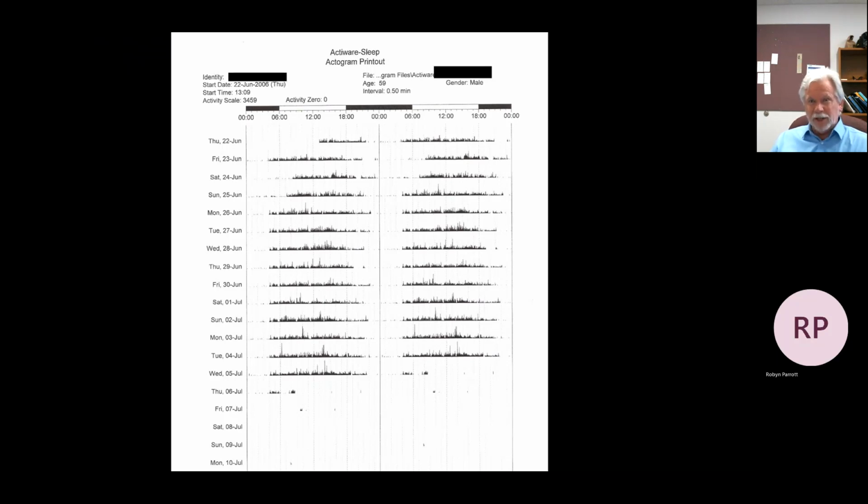Now that's not 100% true all the time, but it's usually true. And that sleep is associated with less wrist activity. That's the idea. And instead of looking at this at one night, we look at it for weeks. So we get big picture information.